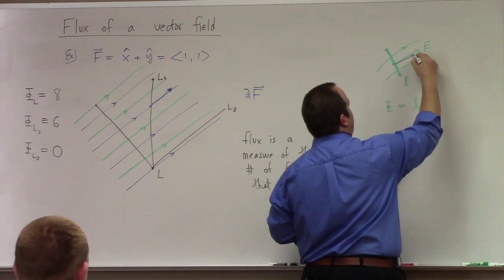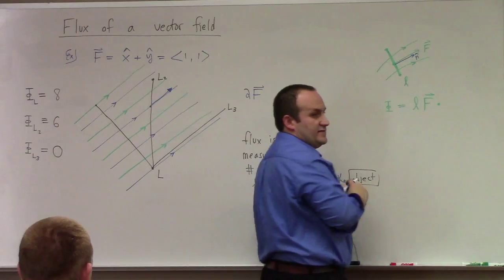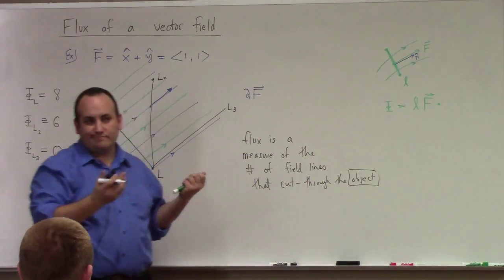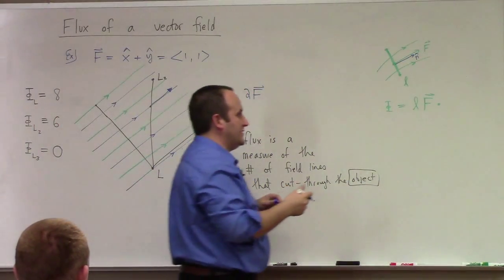For a line segment, it's ambiguous which direction the normal is, but it will be unambiguous in what I'm about to define.